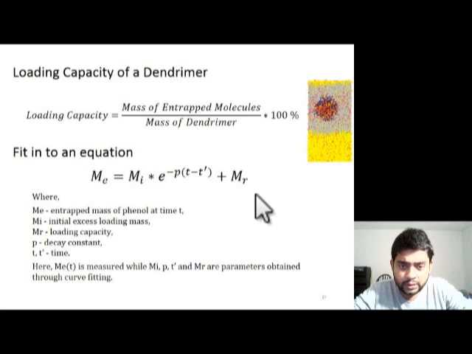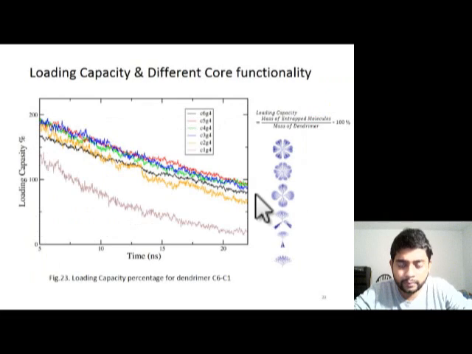We try to fit these data into this equation, where MR means the loading capacity data, and MI means the initial excess loading capacity. ME means the entrapped mass of phenol at time t. P minus P means the decaying constant, and T dash means the time parameters.